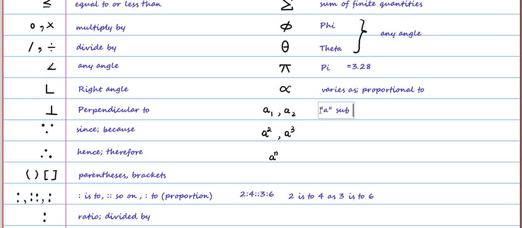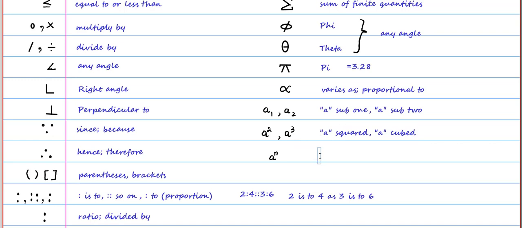The first term is a sub 1, and the second term shows a sub 2. And what does this mean? This means a squared, comma, a cubed, right?